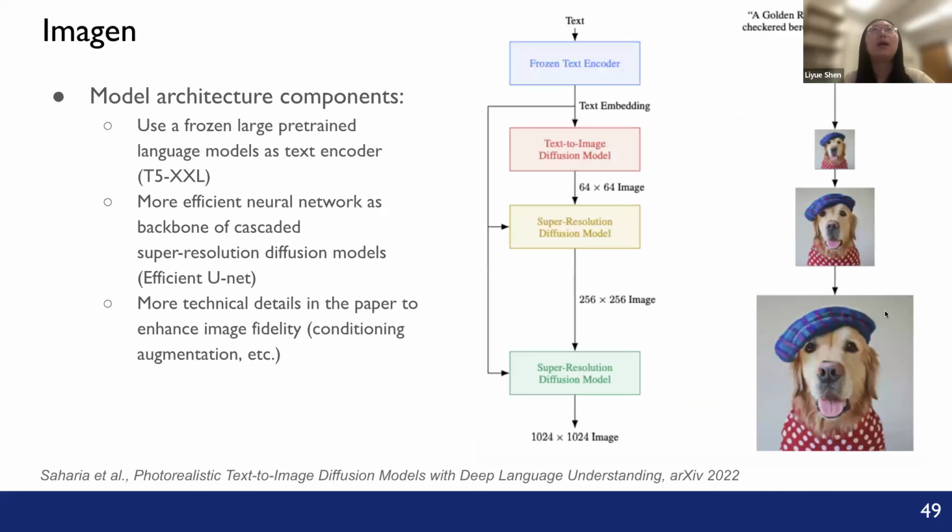And similarly, researchers at Google also introduced the Imagen model, which introduced hierarchical levels of the diffusion model to help with text-to-image generation and also to scale to very large-scale data generation, for example, 1024 square images.